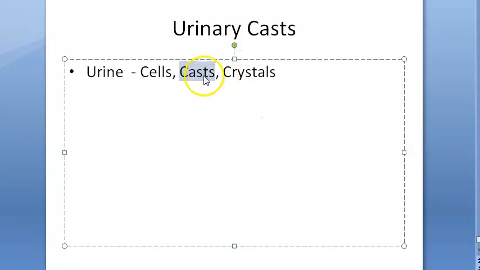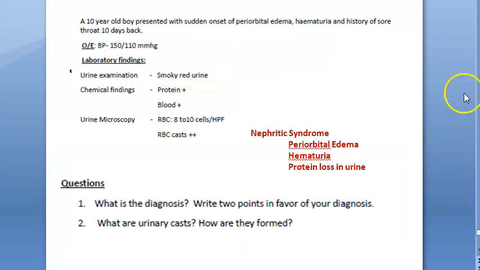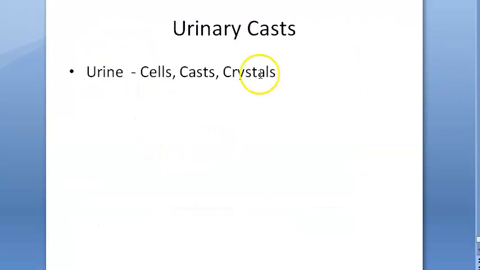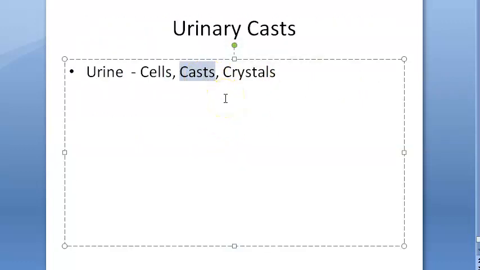There can be cellular casts like RBC casts, red cell casts, white cell casts. In this case, what you are seeing, red cell casts, RBC casts, right? Other than that, fatty casts, which you have already seen in nephrotic syndrome.